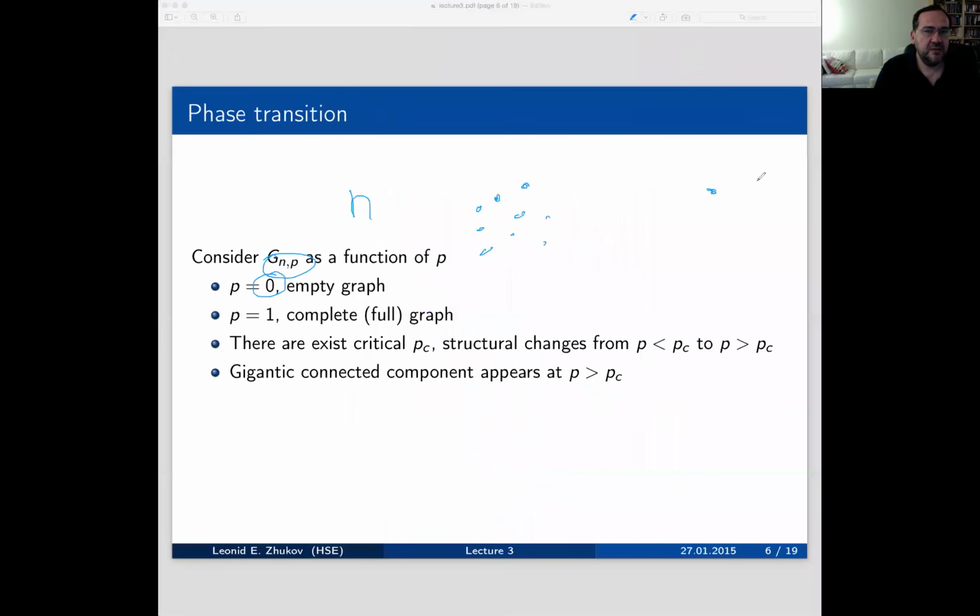When P is equal to 1, that means in the process of construction, we go through all the pairs and connect all of them, because the probability that two nodes are connected is equal to 1. I'll try to draw it. It's going to look like a mess, but this is a totally connected graph, right? Every node connected with every other node.